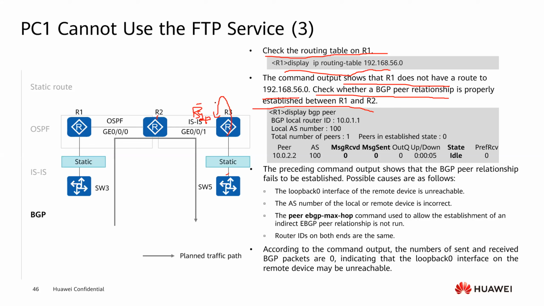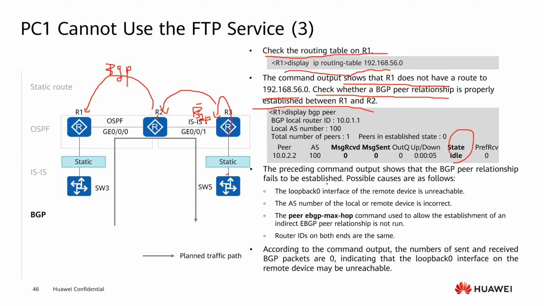So R3 sends the route to R2, and R2 sends the route to R1 using BGP. That's why we check BGP on R1. We can see here the state is Idle.